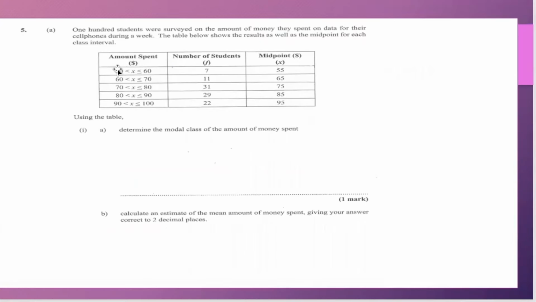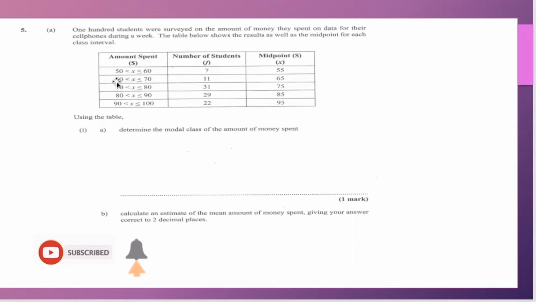So here we have the amount spent, X is greater than 50 but lesser than or equal to 60. The number of students, which is the frequency, is 7. Here we have the midpoint of X, that's 55.